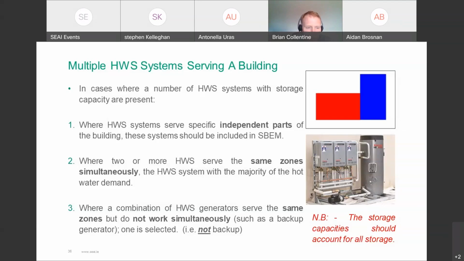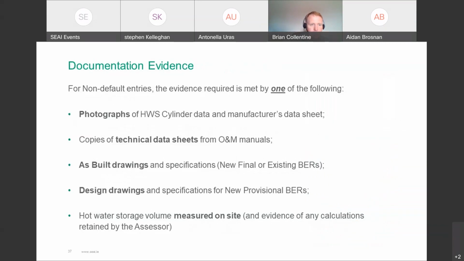Option 3 is similar to option 2, but where a combination of HWS generators serve the same zones but do not work simultaneously, such as a backup generator, for example. One is selected, i.e. not the backup; you would presume the main system. And just a note, as mentioned on previous slides, the storage capacity should account for all storage in its entirety.